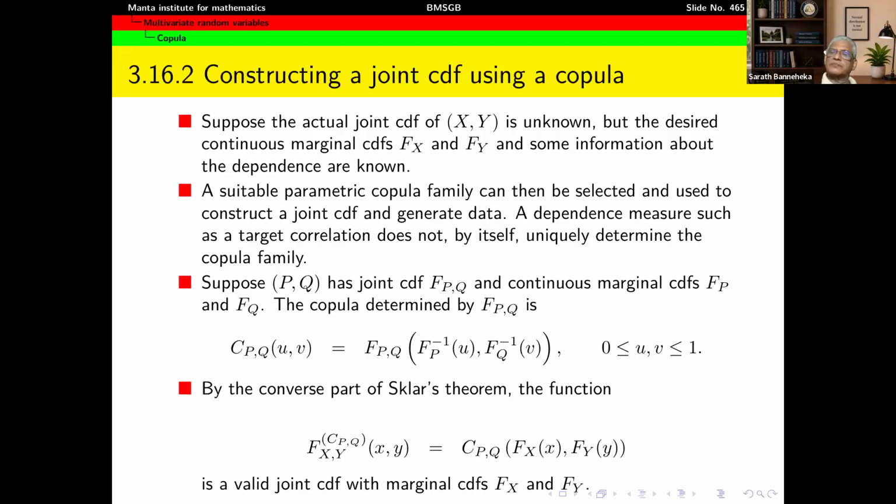And the converse, on the other hand, shows that if you substitute F_X(x) and F_Y(y) for u and v in any copula, then we get an expression, and that expression gives us a joint CDF between the two random variables.